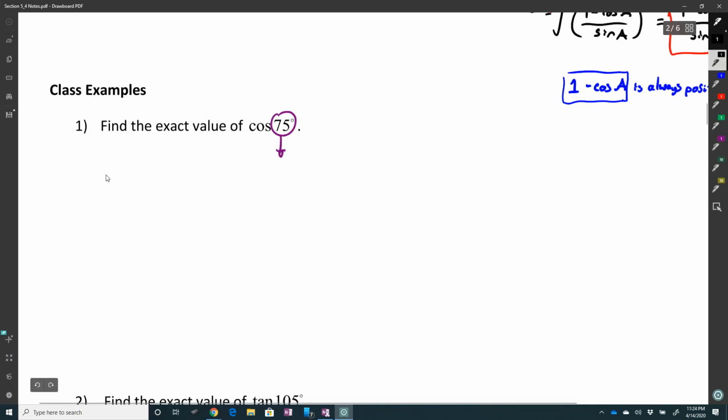So 75 is the same thing as cosine of, and my brain is turned off right now, so I'm going to shamelessly use my notes. 150 over 2. So the 150 is the value that I'm going to use in the formula. So the formula is cosine of 75.